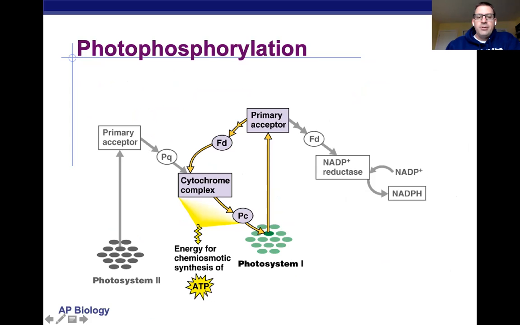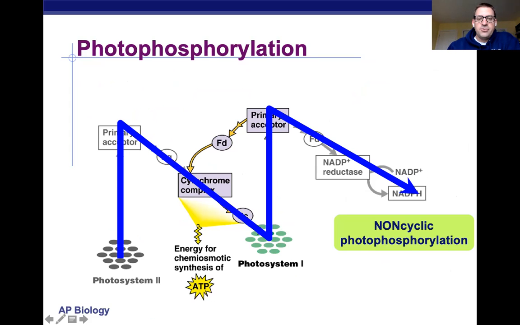So in non-cyclic photophosphorylation, right, the electrons in photosystem 2 are excited, pass to a primary electron acceptor, move down the electron transport chain, generate a proton gradient that's used to make ATP, reach photosystem 1, get excited again, pass to a primary electron acceptor, move down the electron transport chain to NADPH. So this is non-cyclic, right? This is linear. Okay.